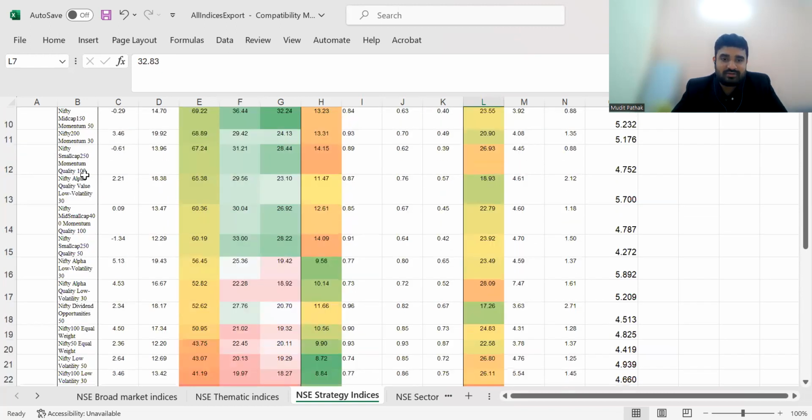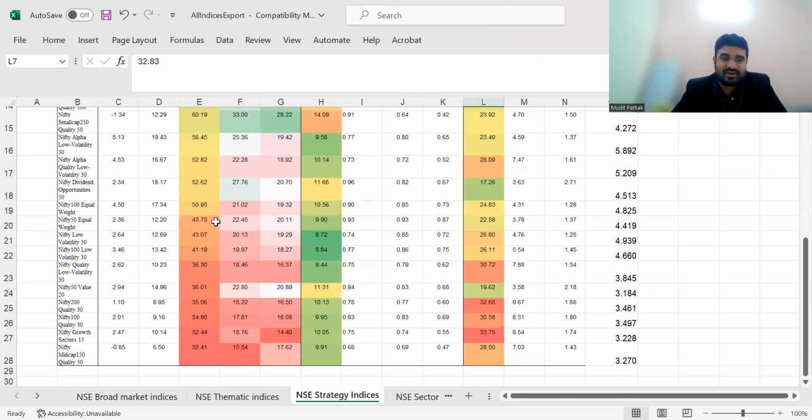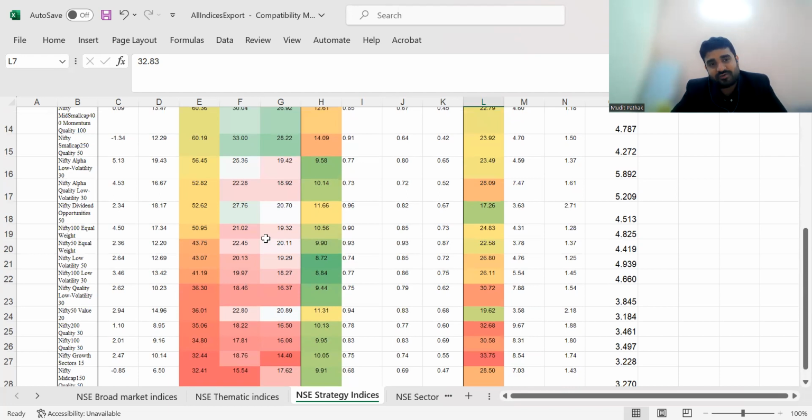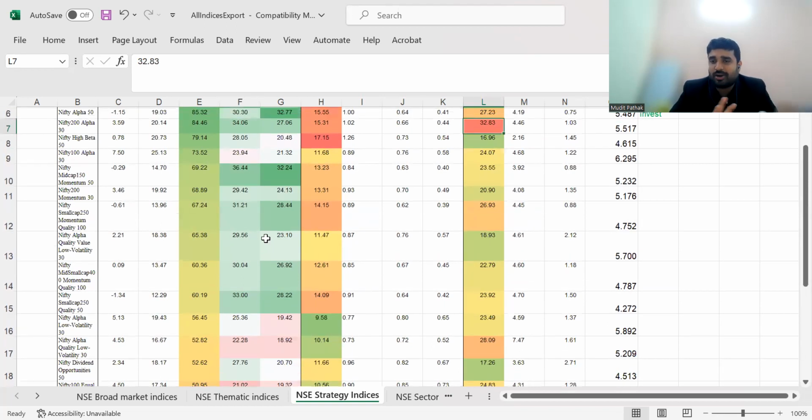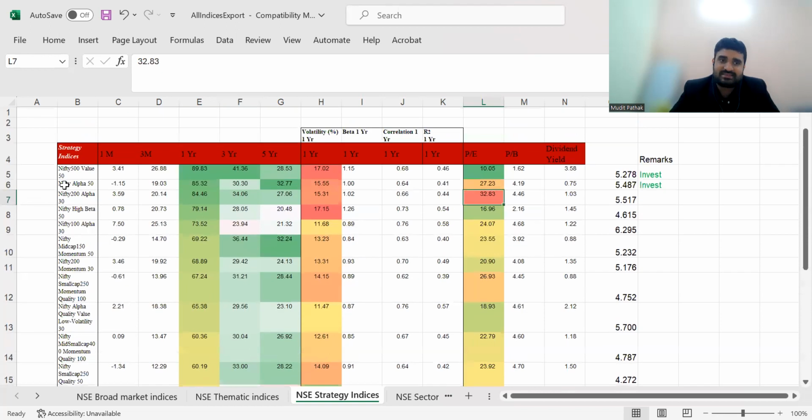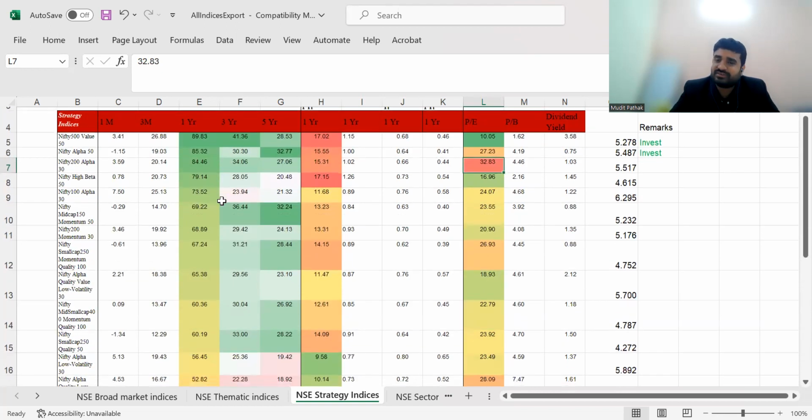Otherwise you can see there are low volatility options, but returns are not that good, and there are safe options but these are all debt funds. So let's keep our focus on high growth equity funds, minimizing and optimizing the risk. These are the two funds which we can go ahead with.